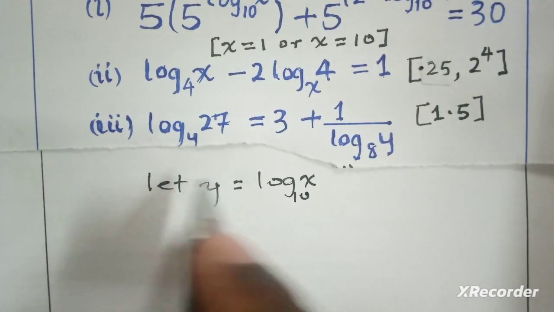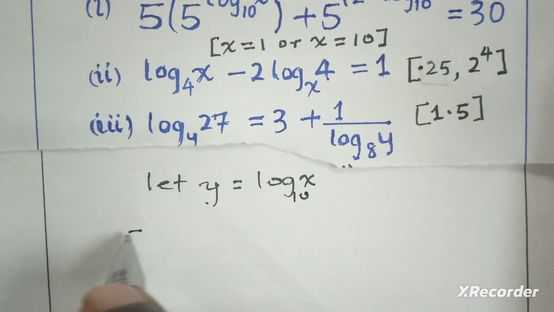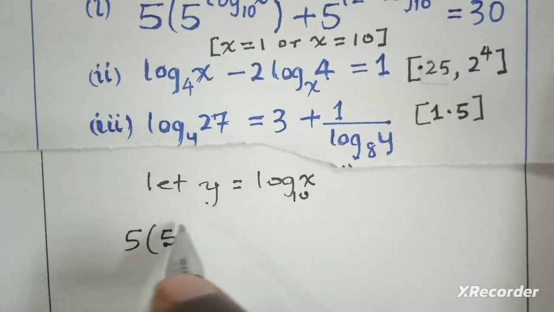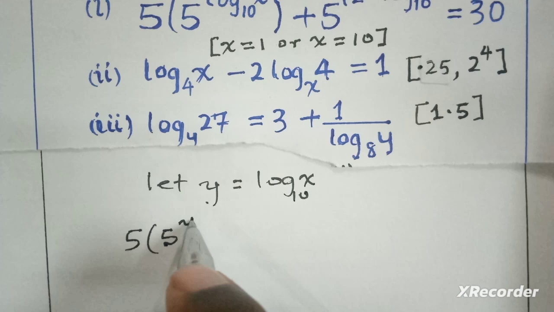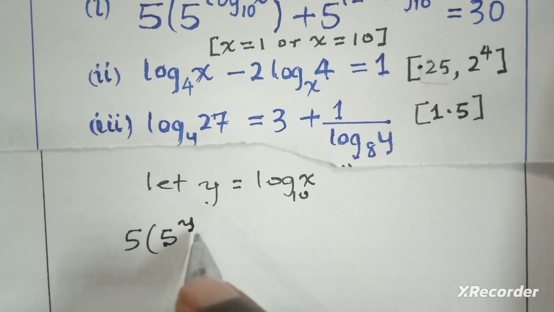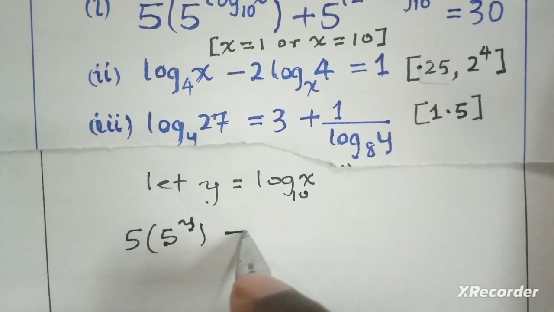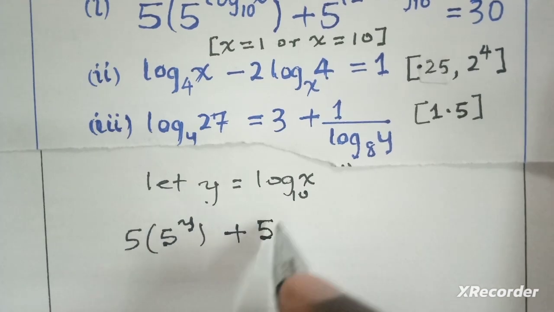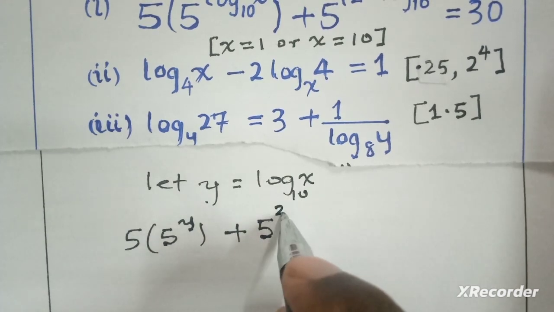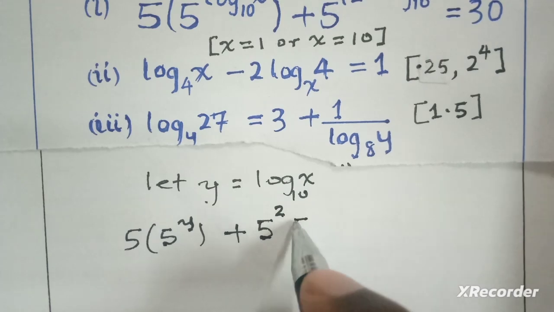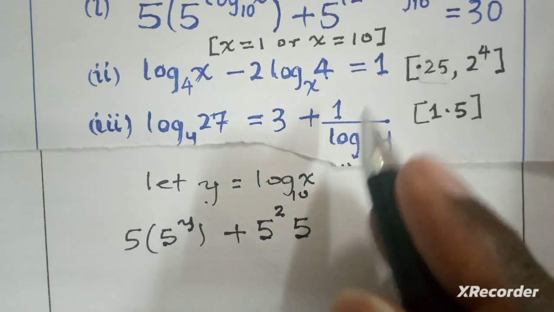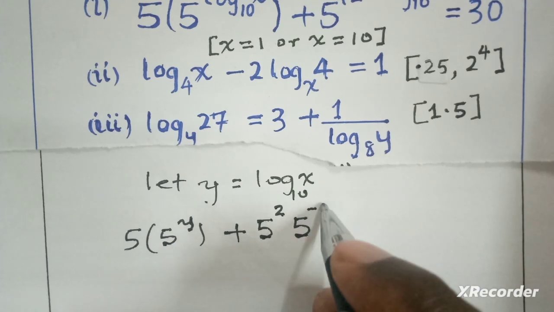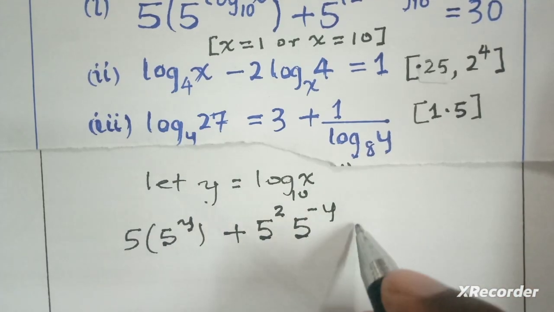Then I'll write 5 to the power y, plus 5 squared, and then 5 to the power minus y. This gives us 30.